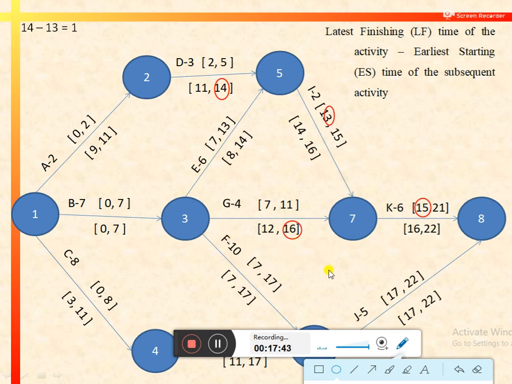In a similar manner, we can calculate the interfering float for activity I. The latest finish for activity I is 16, and for the subsequent activity the earliest start is 15. So again, the interfering float for activity I would be 16 minus 15, that is equal to 1. In this way we can calculate interfering floats for other activities as well.